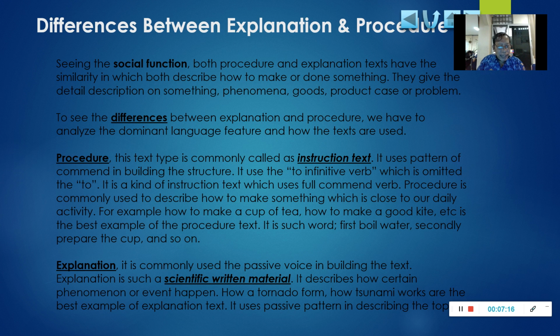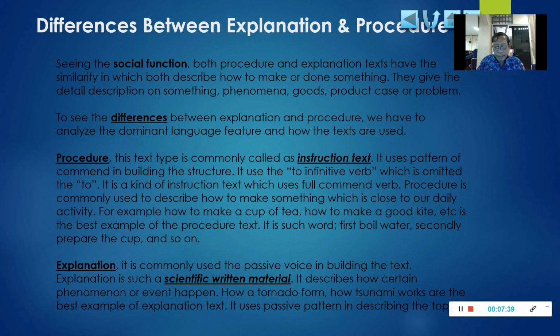Meanwhile, the explanation text commonly uses the passive voice in building the text. Explanation is a scientific written material. It describes how certain phenomenon or event happens. How a tornado forms, how a tsunami works, are the best examples of explanation text.